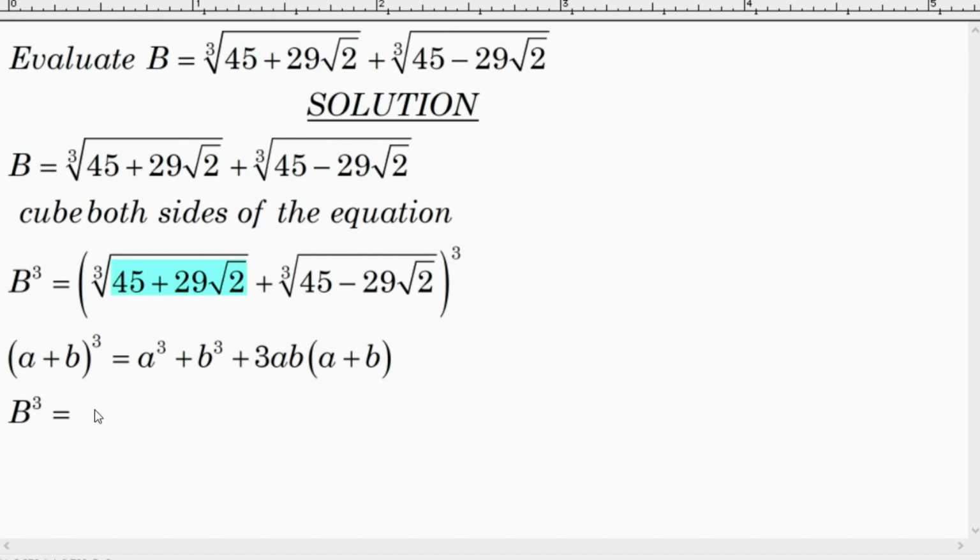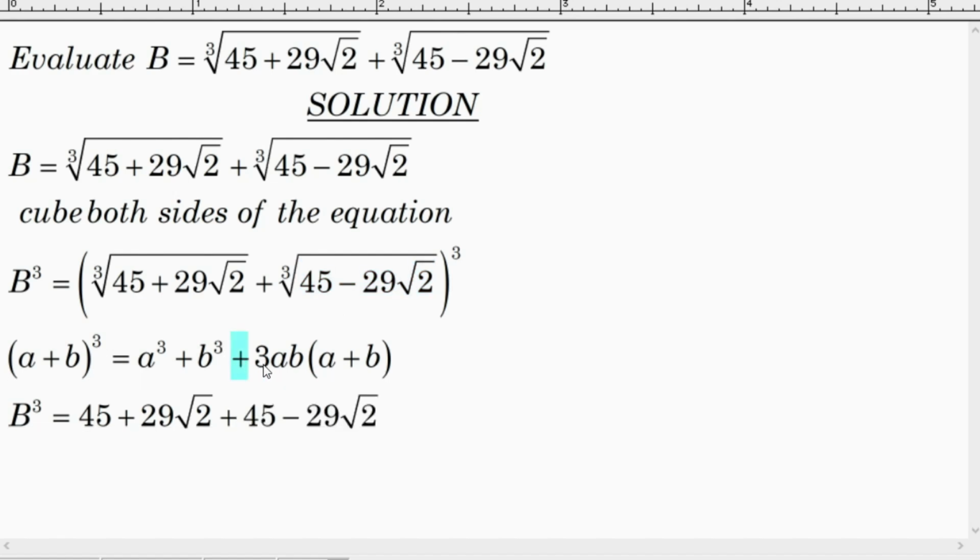So a cubed is equal to 45 plus 29 square root of 2, and then plus b cubed, which means this term raised to the cube, and we get this number.